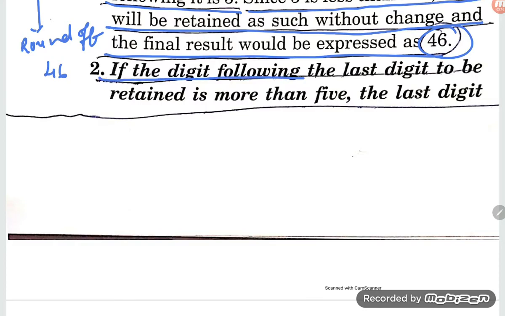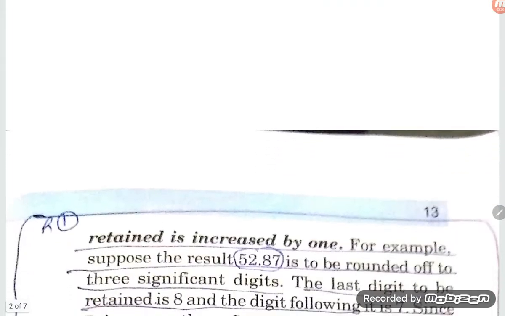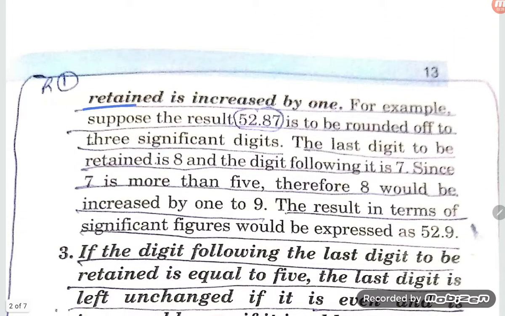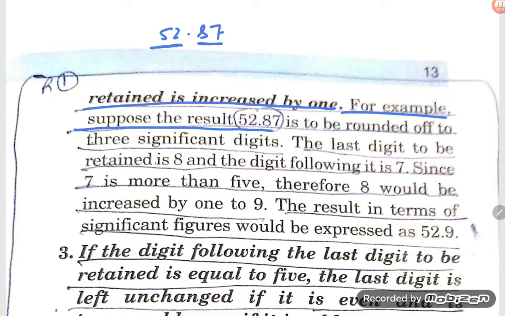Now let us come to the second point, students. If the digit following the last digit to be retained is more than 5, the last digit retained is increased by 1. For example, suppose the result is 5287. We have to retain these digits and remove this. What is the value of this?